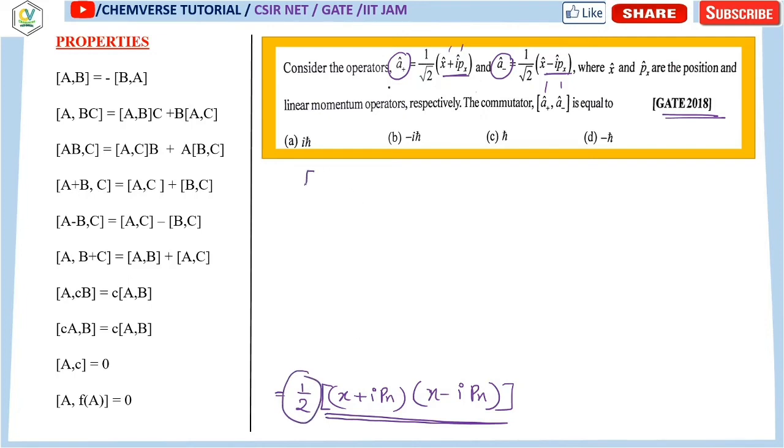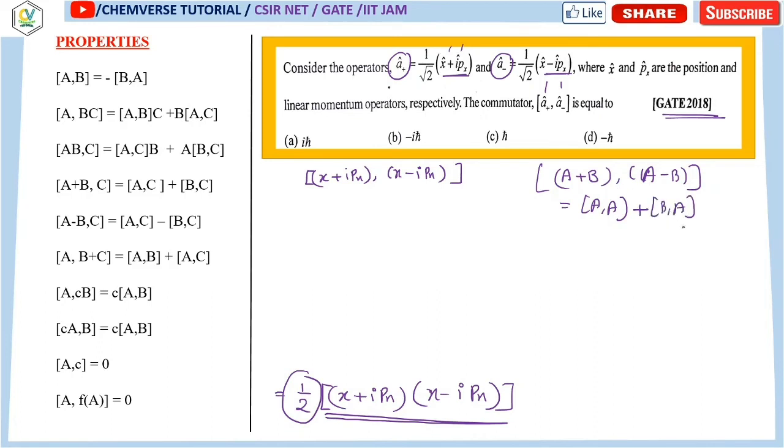Let's discuss the commutator of x plus i px with x minus i px. If a plus b commutes with a minus b, then it is the commutator a a, then a positive sign, b commutator a, just like your multiplication rule.